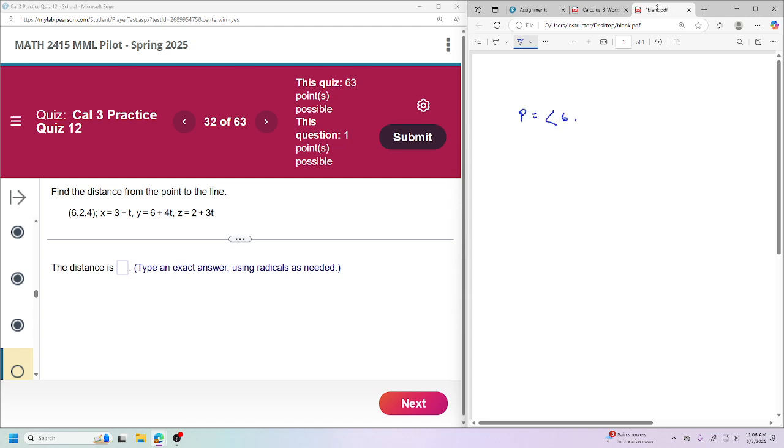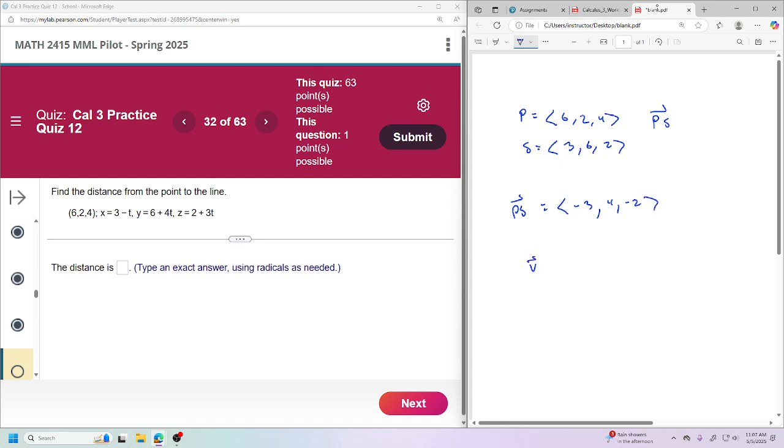P and then S. If I plug in 0, which is very simple to do, you get something like that. And so PS, terminal minus initial, you would get PS. 3 minus that would be a -3, a 4, and then a -2.